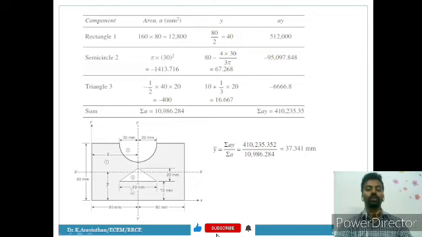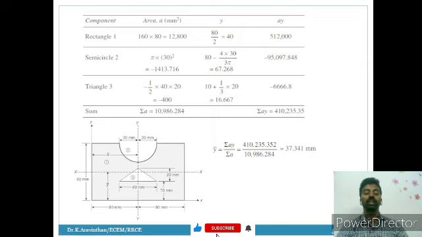For solving this, first you have to cut this section. If we cut this section into two halves along the y part, the same shape is mirrored here. So both sides are equal and opposite, so you can take x bar as common, which you have already analyzed in the previous class.